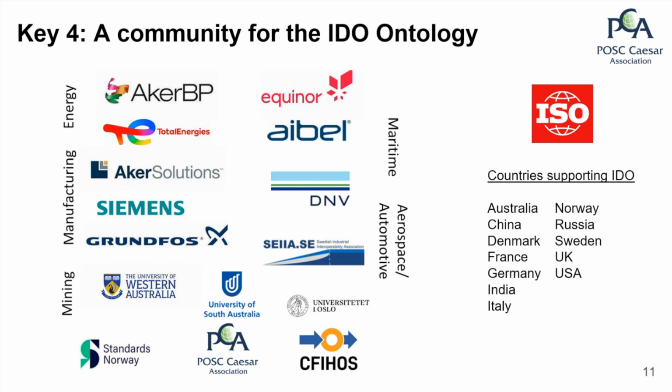Here in Western Australia, we've got our university here, UWA, and we've got UniSA who've been involved as well. As far as supporting the ISO standard, that was voted on last year. We're on a rapid 3-year path to publication, and the countries that are supporting it, you can see there: Australia, China, Denmark, most of the big ones.